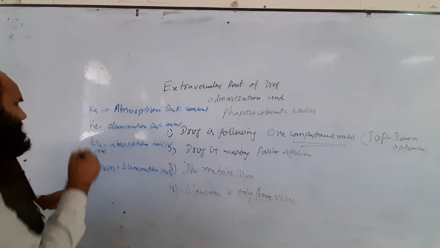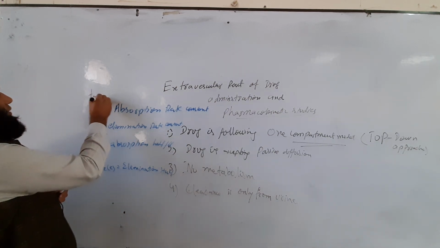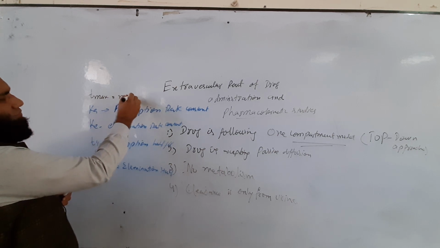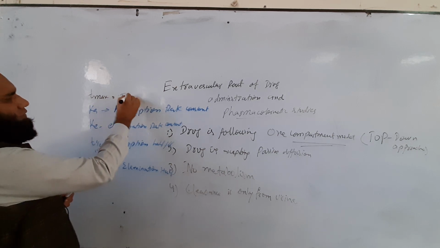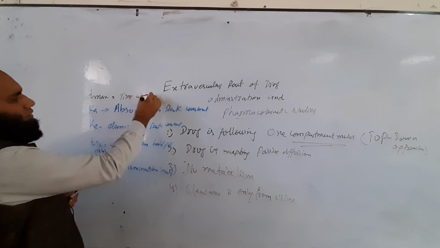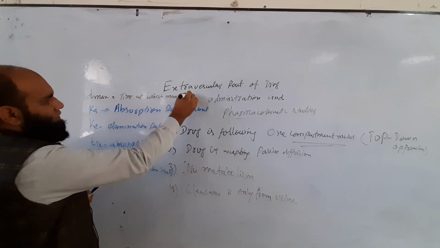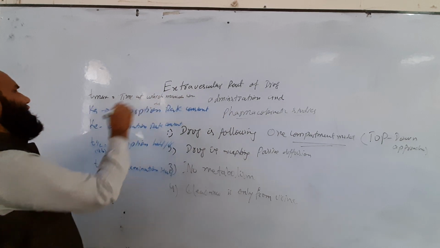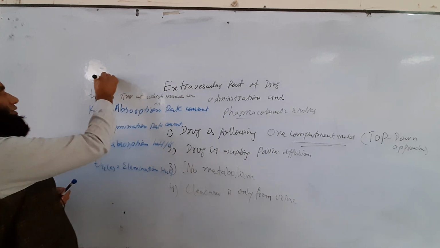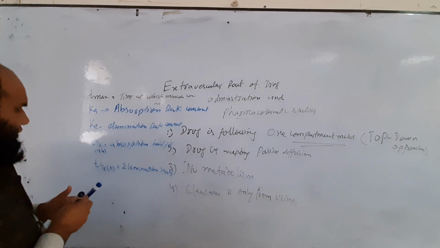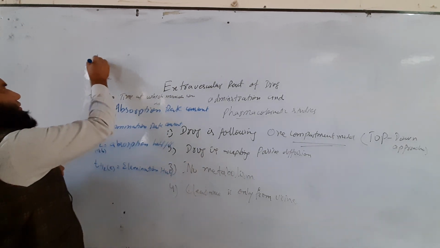In the same scenario, we will measure Tmax, the maximum time at which the maximum concentration is available in the plasma. We will measure Cmax, and also we will calculate T lag.